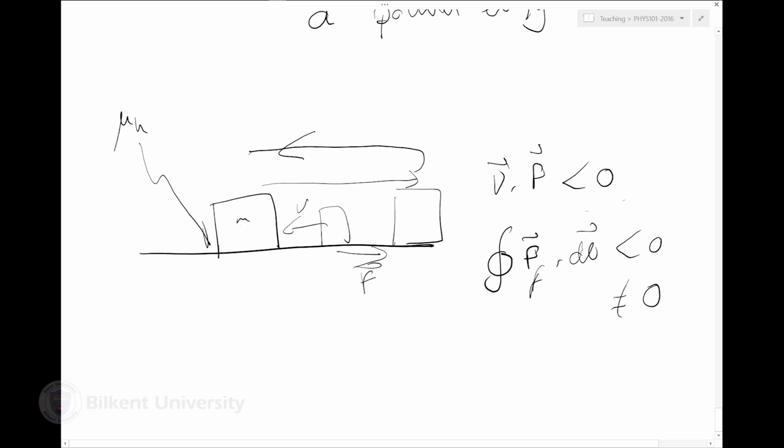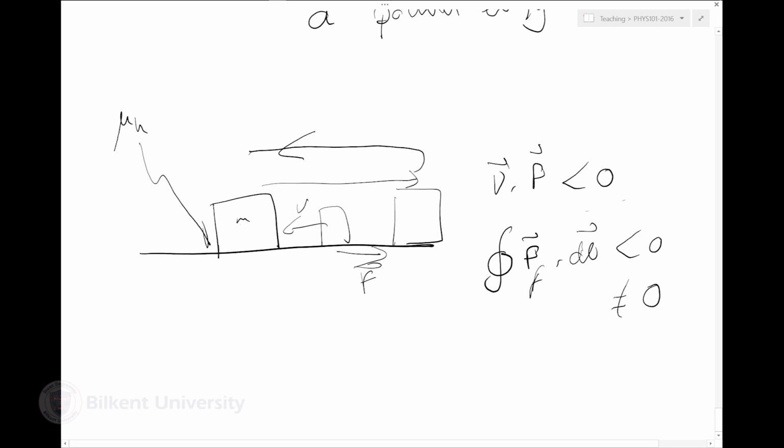Basically what I'm saying is that if I take an object on a surface with friction, if I move it one way and come back, I have dissipated some energy. Of course I have dissipated some energy. That's intuitively obvious to you. You've heard the sound. That sound actually tells you something.